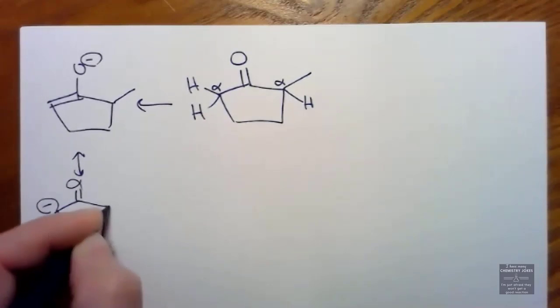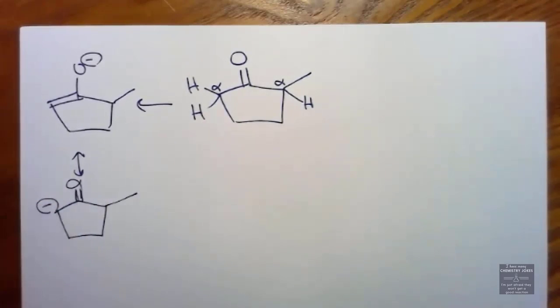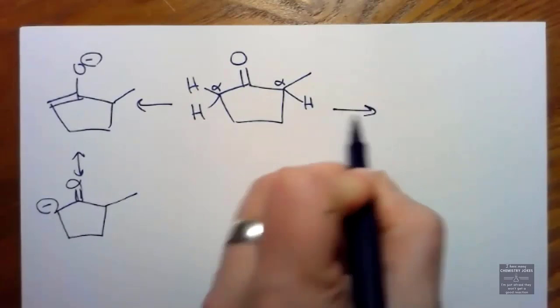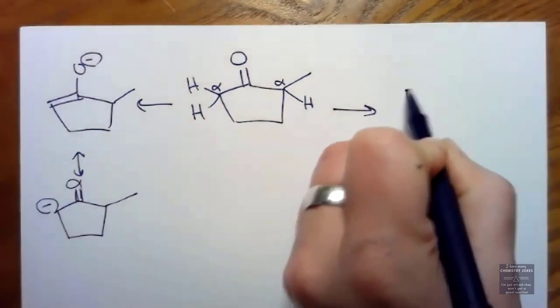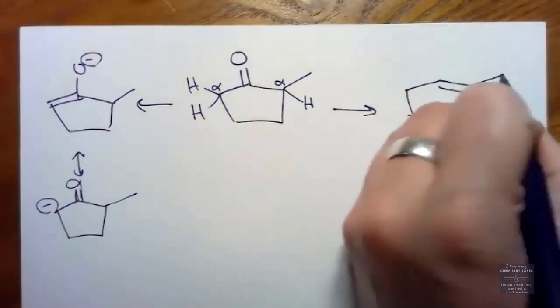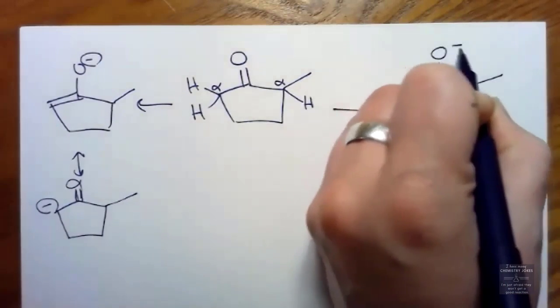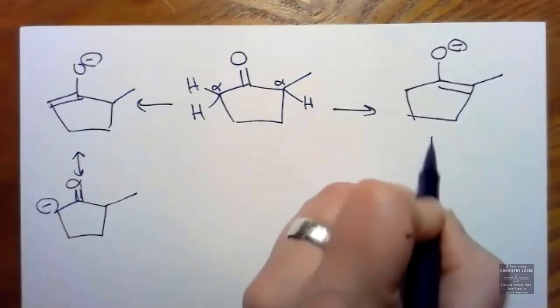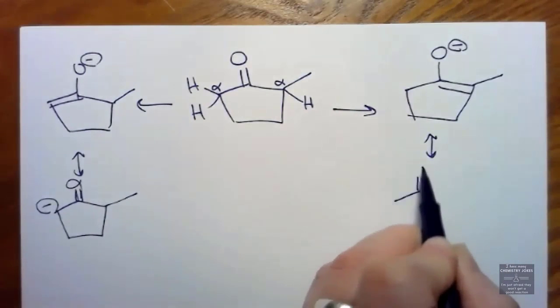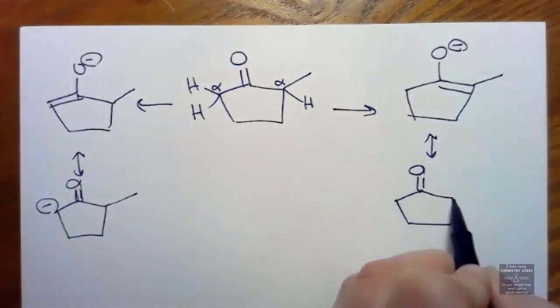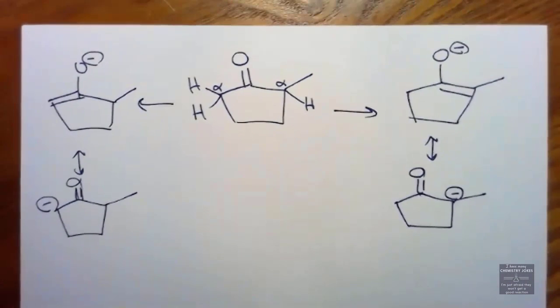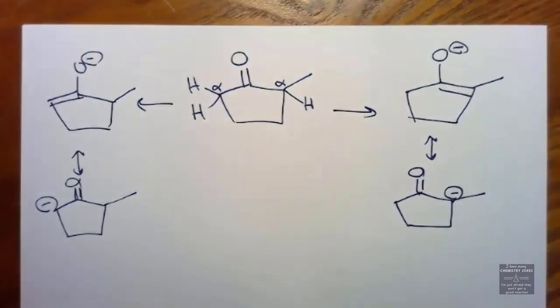Here's the carbanion version. If I pluck off this armpit hydrogen, haven't you missed talking about armpits? I can make this enolate. That's the oxyanion version. This is the carbanion version. One of these enolates is considered the kinetic enolate, and one is considered the thermodynamic enolate.